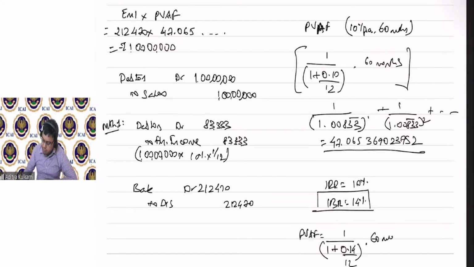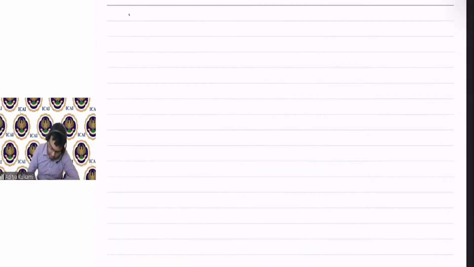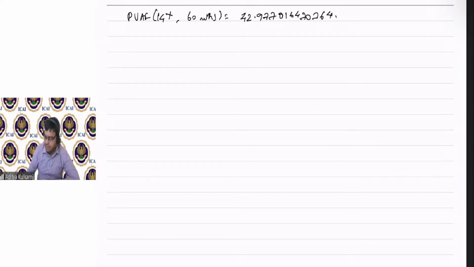This you will have to do for 60 months. The total of the present value annuity factor at 14% for 60 months comes to 42.977016470,764.